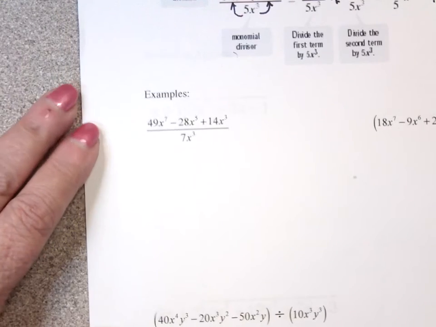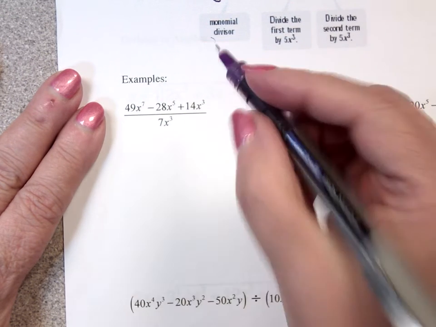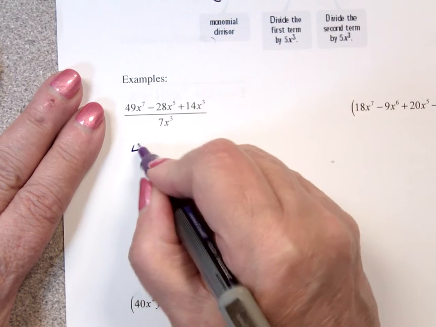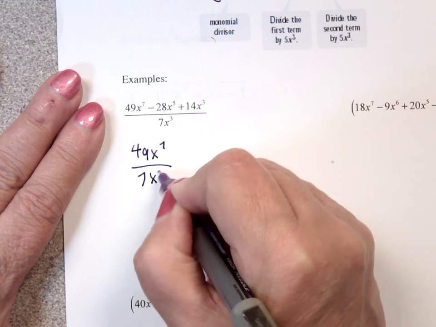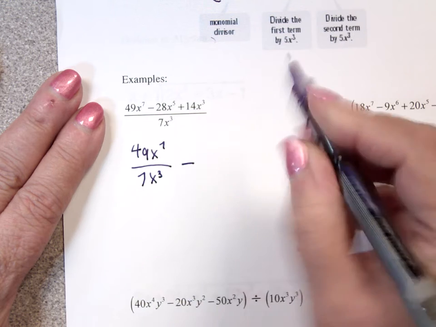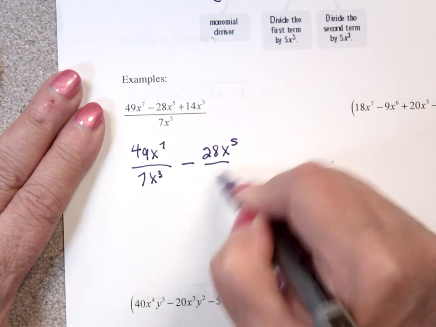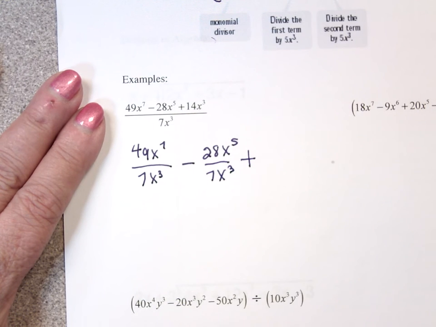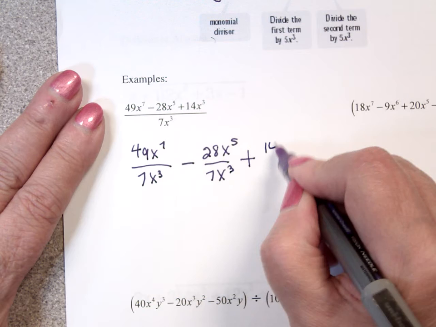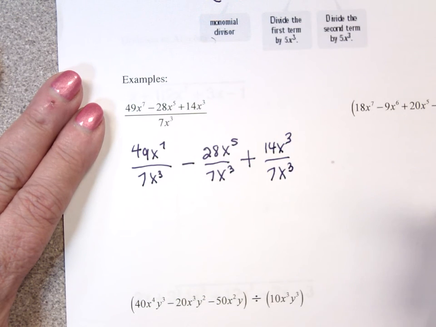So if I were now to take a look at this one, this would be 49x to the 7th divided by 7x cubed, subtract 28x to the 5th divided by 7x cubed, add 14x cubed divided by 7x cubed.